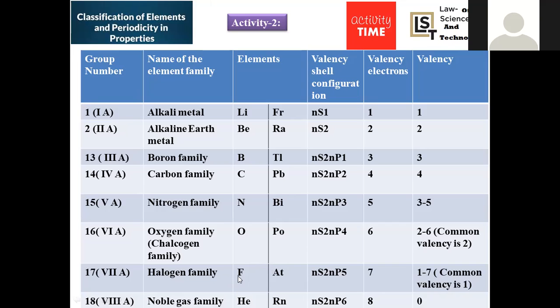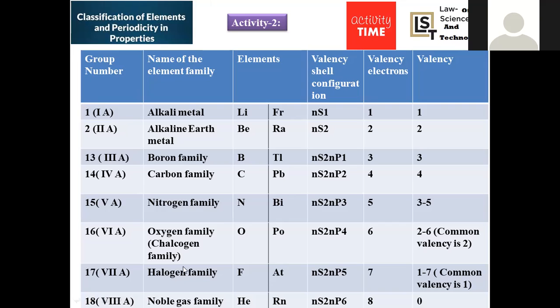Only 1 bond. HCl, 1 bond. HBr, 1 bond. HI, hydrogen iodide, hydroiodic acid, again 1 bond is observed. So the common valency of these elements will be 1 only, but generally iodine is able to form 7 bonds around it.